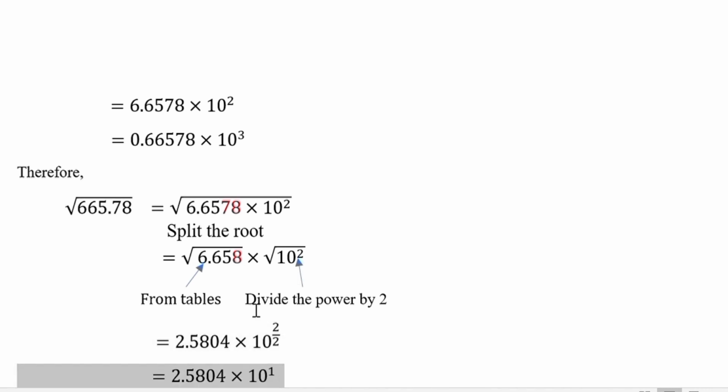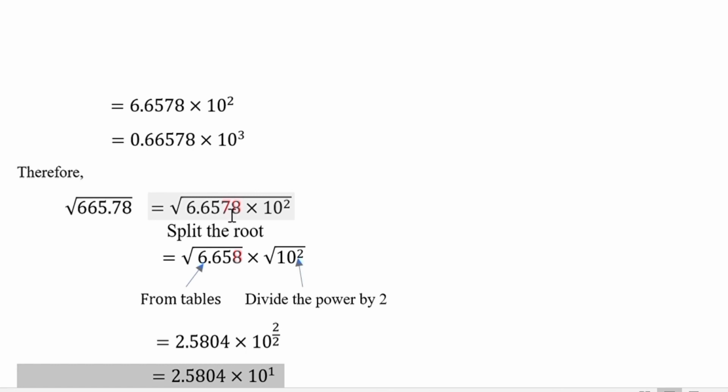Now you notice up here that there is no way you can read all these five figures from the table, so we need to round it to 4 significant figures, and that's why through this 8 we have rounded 7 to 8, because once this number is 5 or more than 5, you round the number here, you add 1 to this number here.